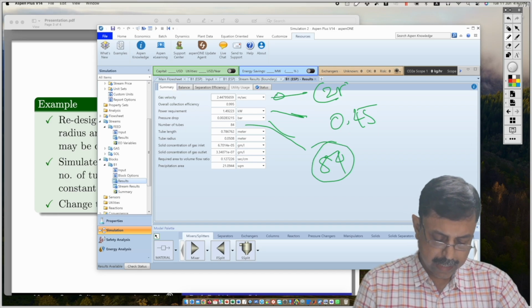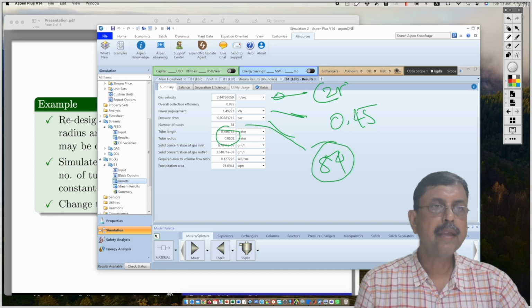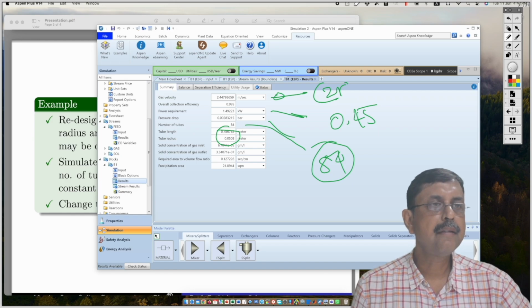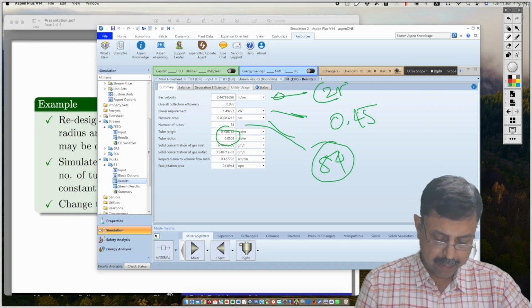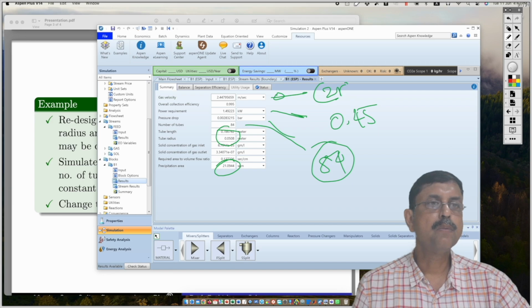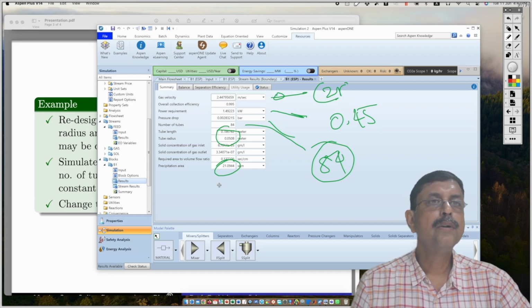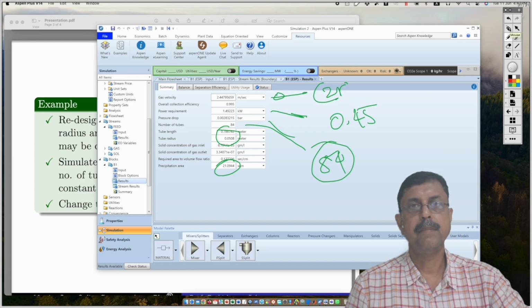So tube length and tube radius have been designed and the total precipitation area is 21.09 square meters. Okay, so this is what we get by using the tubular type of precipitator.